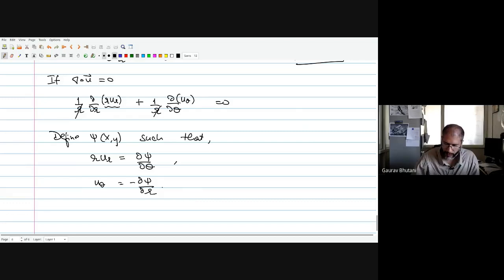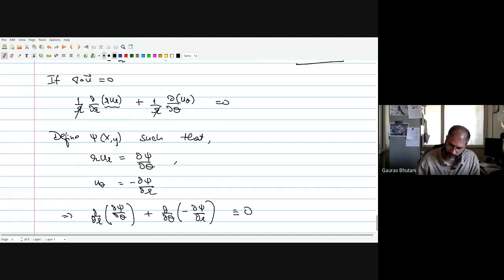Very similar, except that earlier, instead of r u r, you had u x or just u. This time we have r times u r because we want to make sure that this whole thing will be automatically satisfied. So let's check. If I substitute this into the continuity equation, what we get is del by del r of del psi by del theta, plus del by del theta of minus del psi by del r, and this identically is 0.